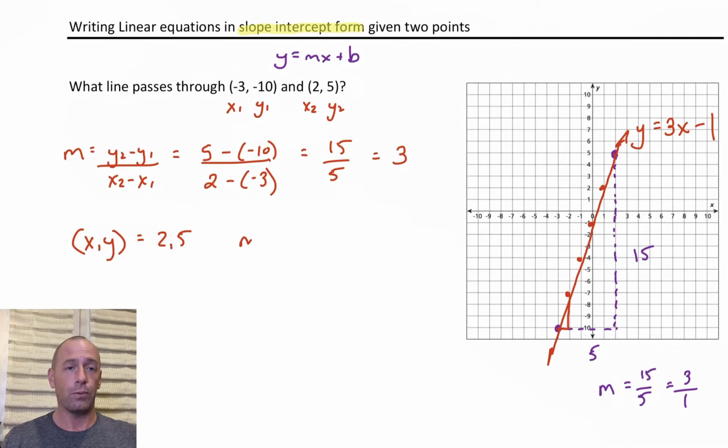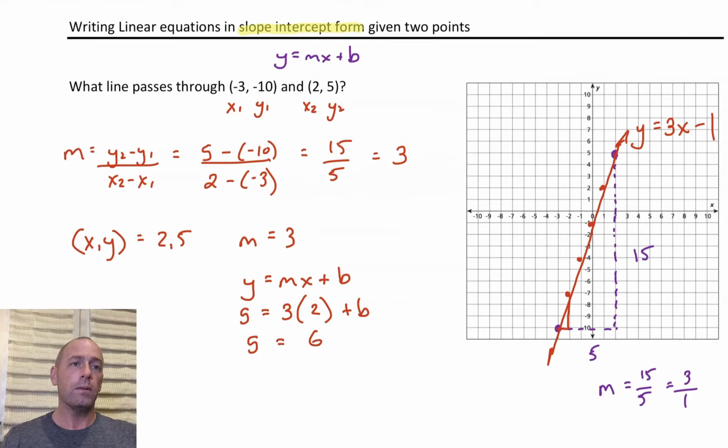I know that my slope is 3, and I'm going to substitute that into y equals mx plus b. My y value is 5, slope of 3, x value of 2, plus b. So given a point, given a slope, we are figuring out what that y-intercept is, and we get -1.